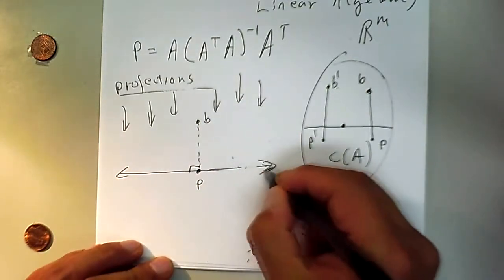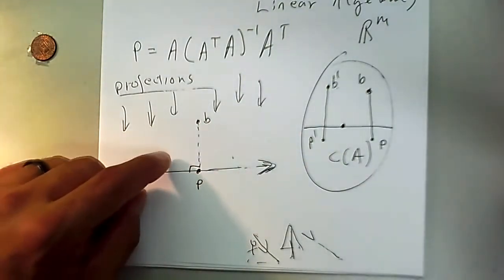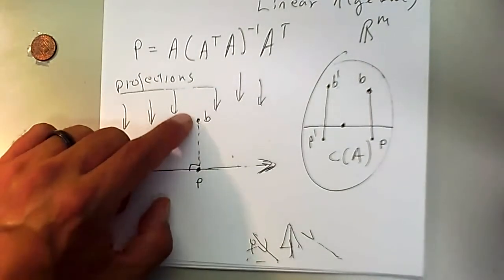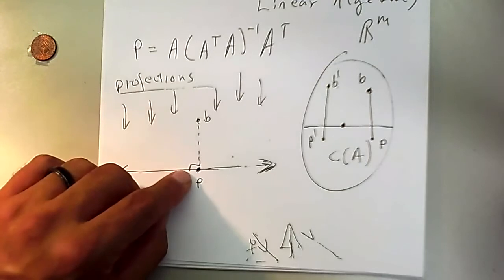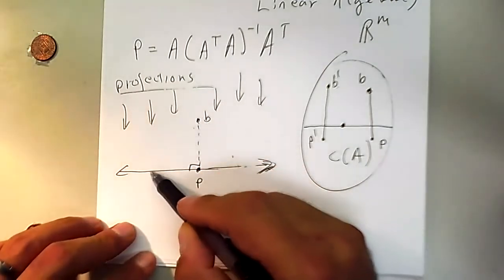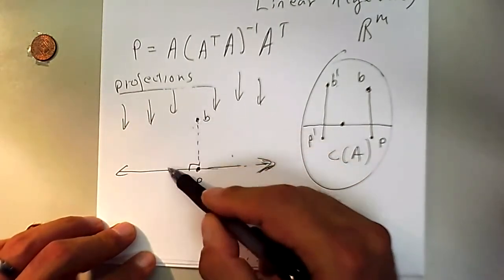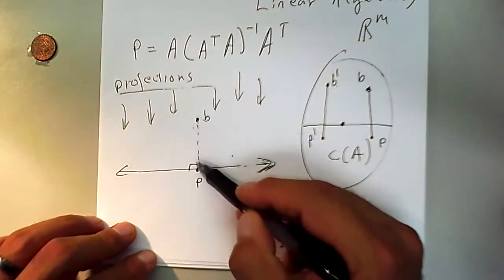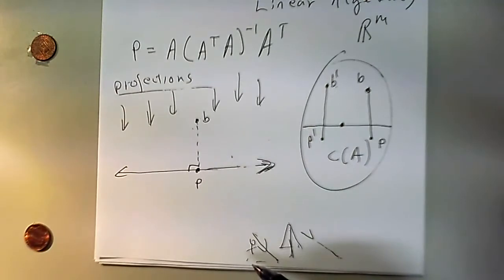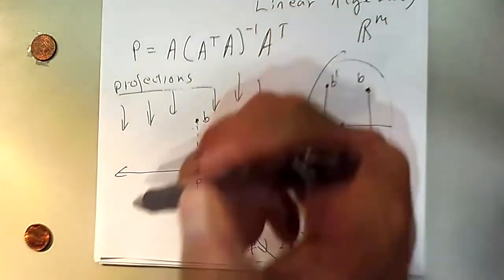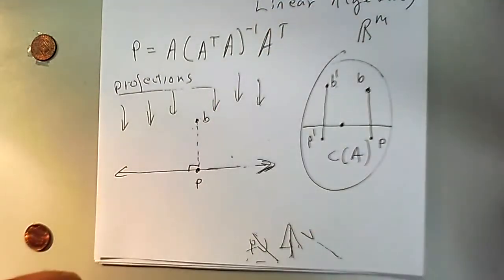So that is the projection. Notice that this distance is the shortest distance from B to the floor. Any other distance you take is going to be longer because it is going to be a hypotenuse with this as one of the legs. So the shortest distance is going to be this leg. So that is the projection on the floor. Nice, good.